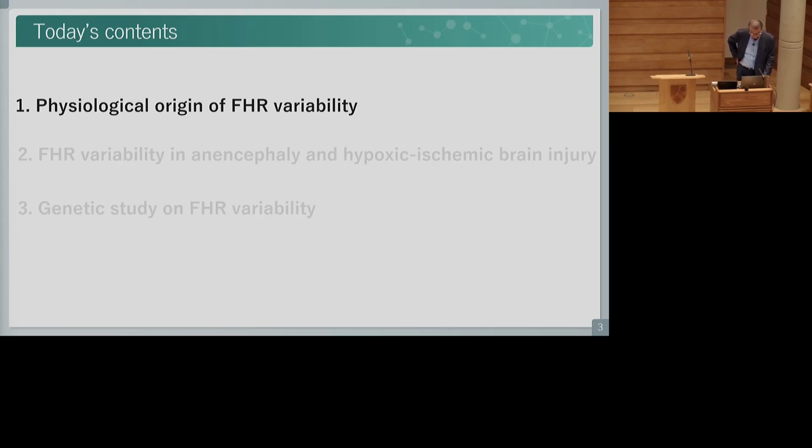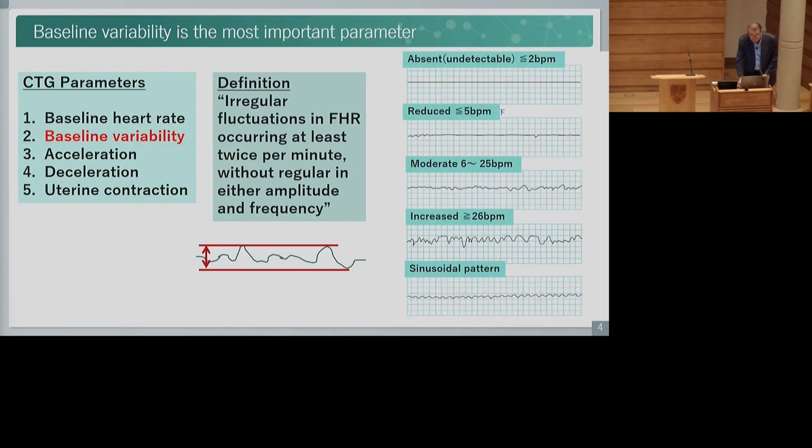Variability is defined as irregular fluctuations in fetal heart rate occurring at least twice per minute without regularity in amplitude or frequency. Clinically, variability is classified as absent, reduced, moderate, increased, or sinusoidal.